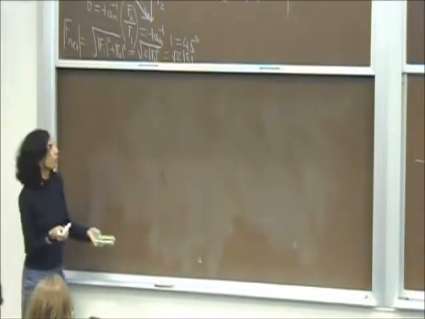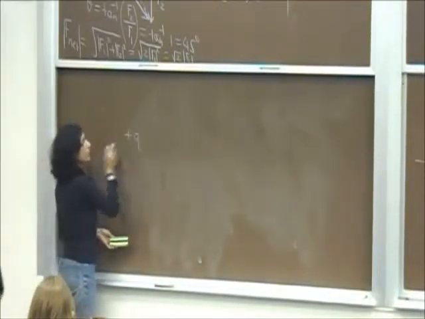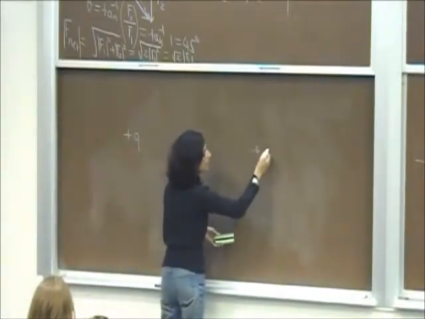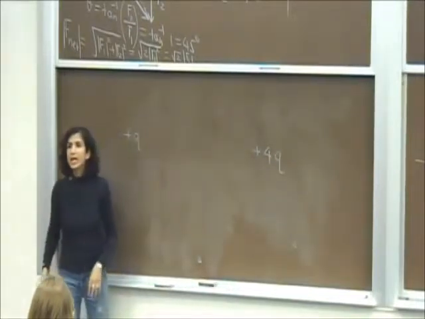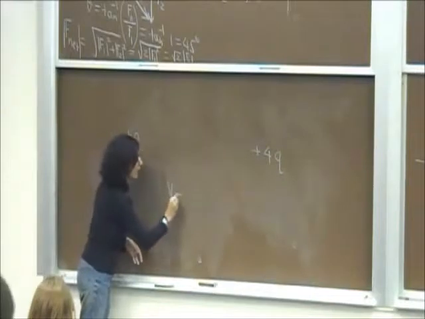Suppose I said to you, okay, there is a charge plus q here and there's a charge which is 4 times stronger, plus 4q here. Is the electric potential 0 anywhere?